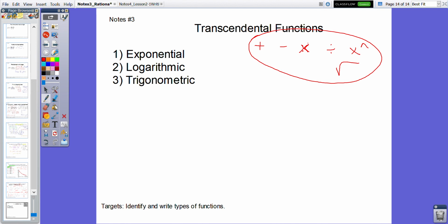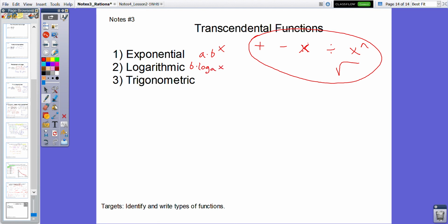So once again, exponential is anytime we have a constant times another constant raised to a power like that. Logarithmic is basically the inverse of the exponential. So it would be, for instance, something like this. So it would be b times log base a of x.